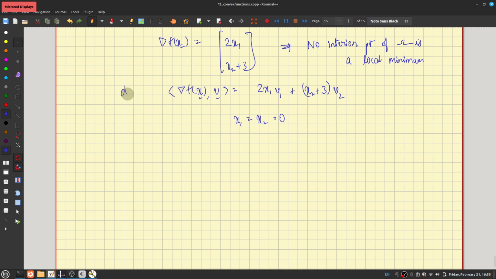Let me call this dv. dv is equal to v2. Okay, so how do you determine whether this particular point is a local minimum or not?